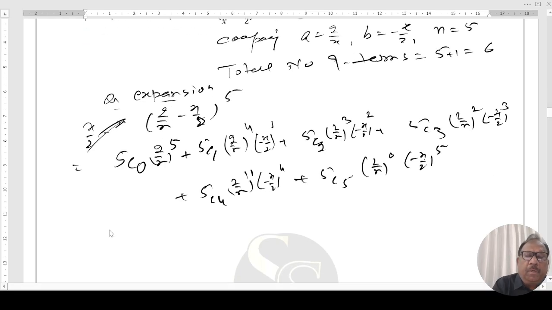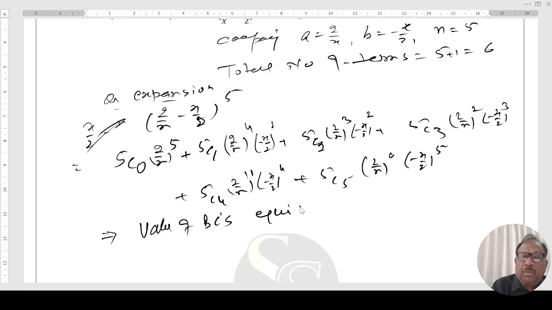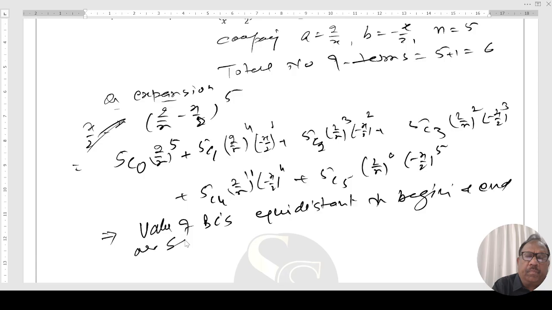As already stated, the values of binomial coefficients equidistant from the beginning and end are the same.